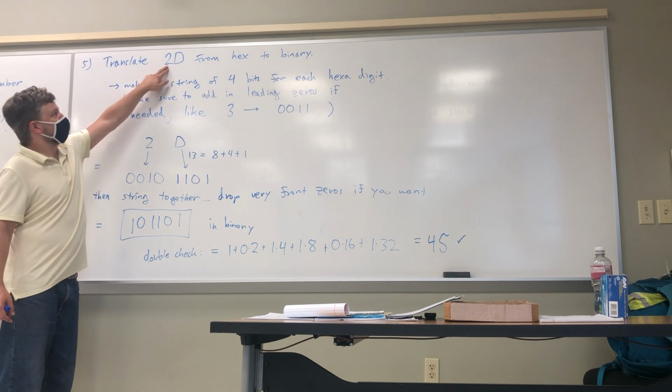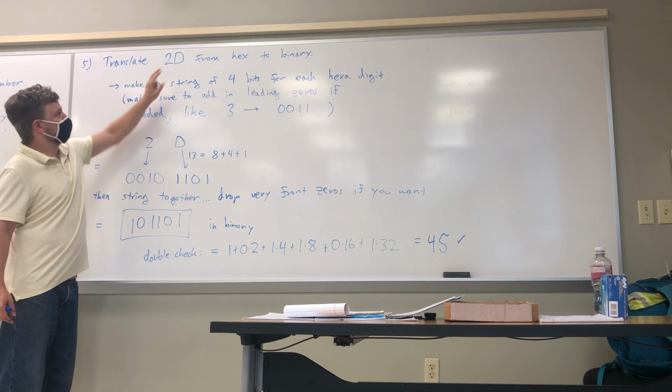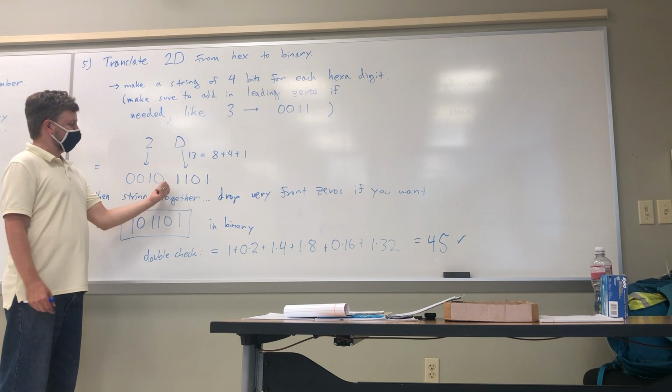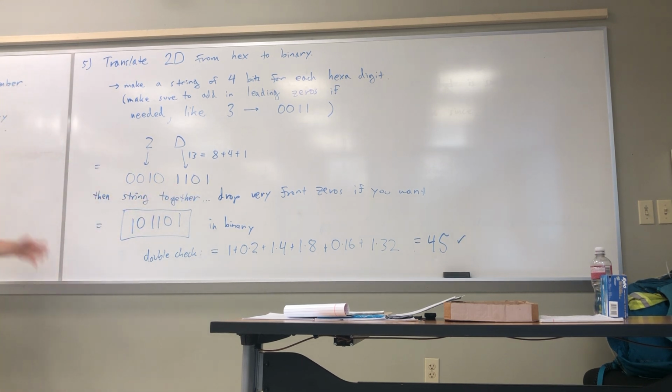The 2 here is in the 16's place, so since it's already got 2 to the 4 in front of it, it's like it's multiplied by 16. 2 times 16 is the same thing as 10 times 16, which is the same thing as 1 0 0 0 0 0.